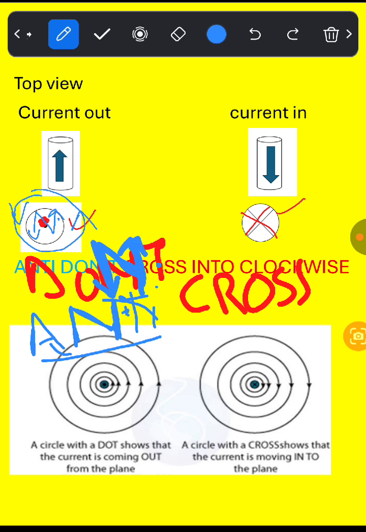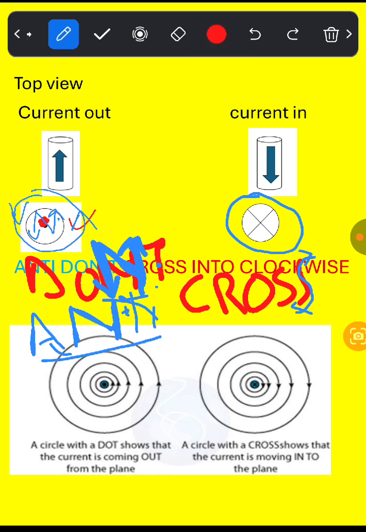Then to determine the direction of magnetic field, here I draw magnetic field lines first, going like this. They go around like this. Now this is a cross, so with cross I focus on the S. At the end of the S I write the arrow, right?